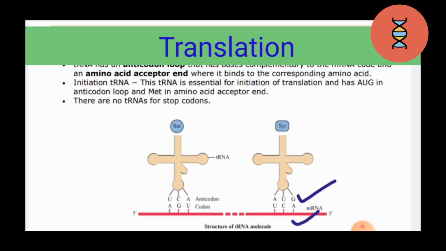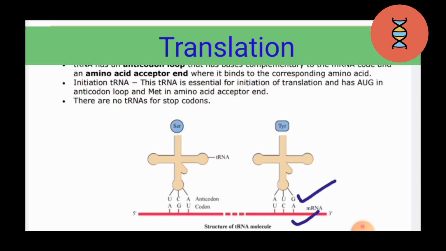Now coming to the next part, that is the amino acid attachment arm. Actually, this must be discussed prior to the anticodon arm. At the 3' OH end, one amino acid comes and joins.